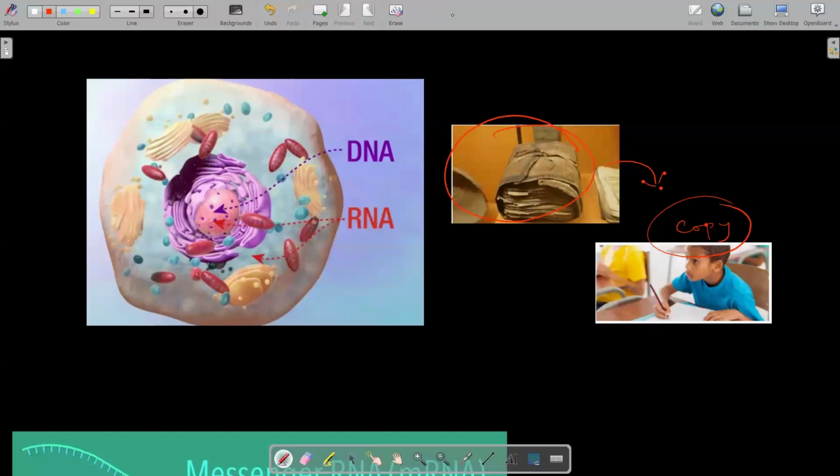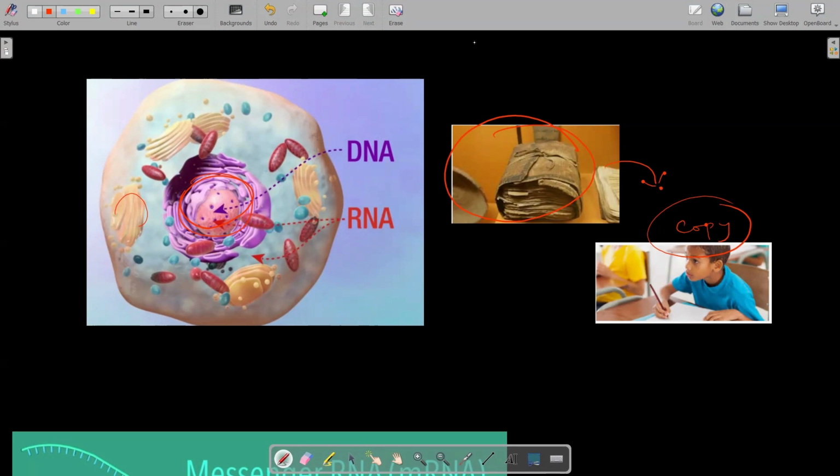Let's say you have your grandma's secret recipe book, which is kept really safely. You can't take it or shift its place, but you can copy the recipe from it. Exactly like that, the DNA contains the code to build the proteins, and the RNA uses these instructions to build all the proteins a living organism needs.